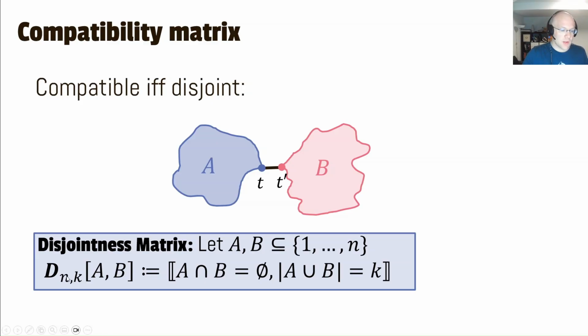So if n denotes the number of vertices of the graph, and k is the k from k-path, then the disjointness matrix here would be indexed by all subsets of the vertex set of the graph, and then an entry at row A and column B is defined to be 1 if A and B are disjoint, and if the cardinality of the union is equal to k, and it's 0 otherwise. So with this bracket notation here, I mean that we put the 1 if the proposition is true, and we put the 0 there otherwise.